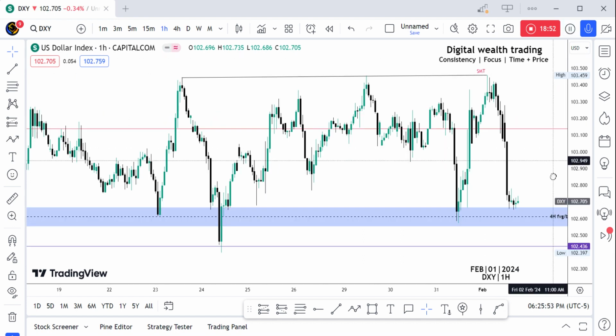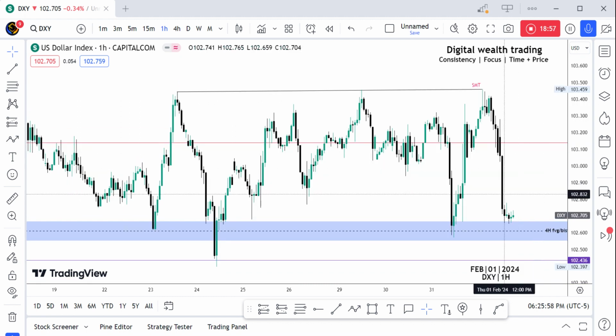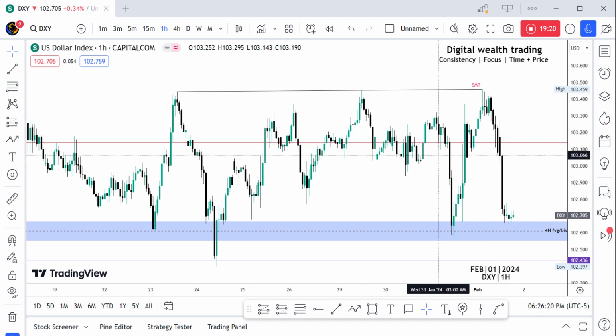Now, this is the hourly contract for DXY. We can also see how we actually did deliver so impulsively, so aggressively lower. So we tapped on that 4 hour fair value gap, and we are trading here. So we have this void to look out for, and I don't see any reasonable inversion fair value gap here to even call out.